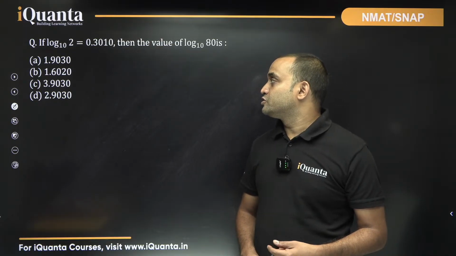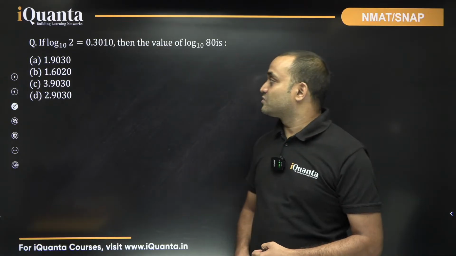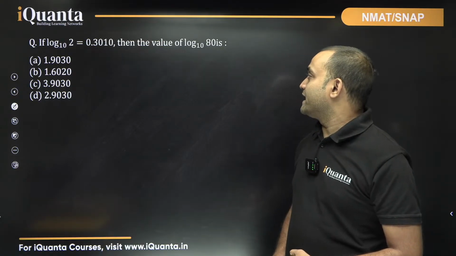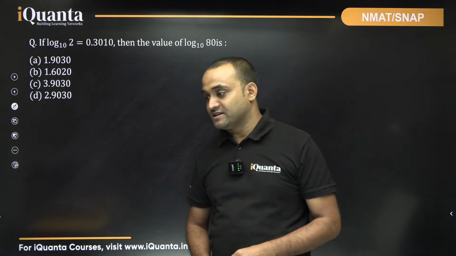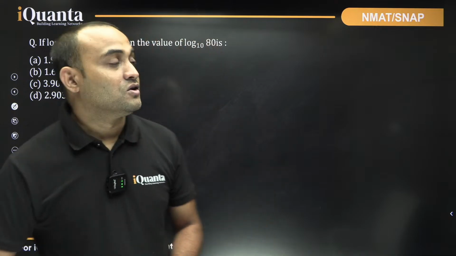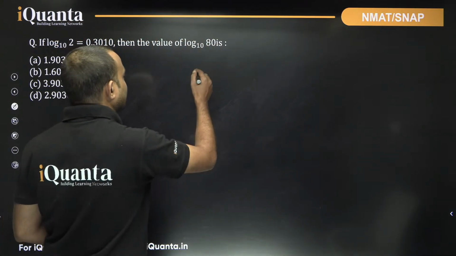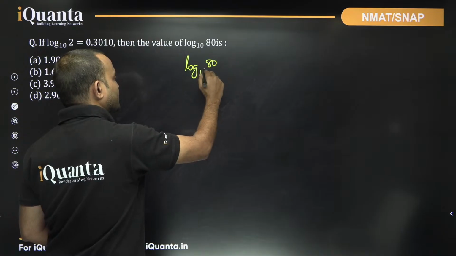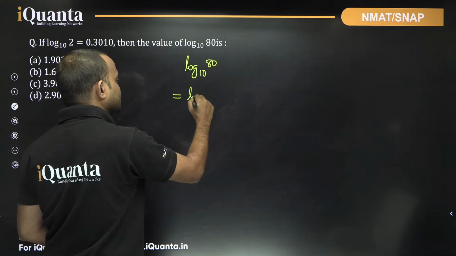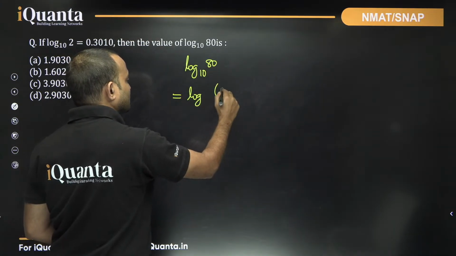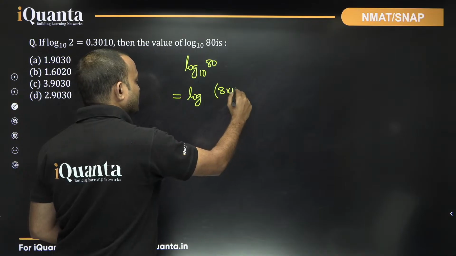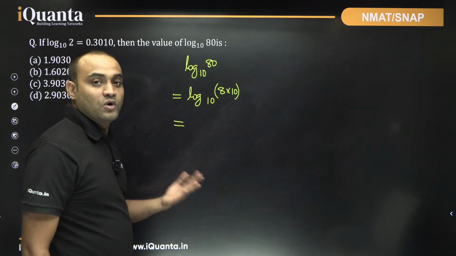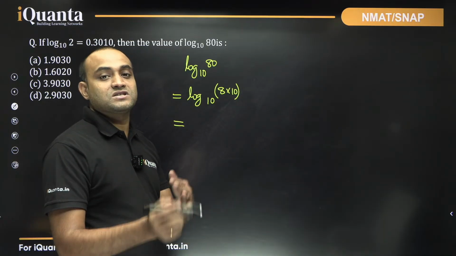If log 2 to the base 10 is equal to 0.301, then the value of log 80 to the base 10 is. How do you find log 80 to the base 10? Can I write that log 80 to the base 10 can be written as log 8 into 10 to the base 10. Log m into n can be written as log m plus log n.